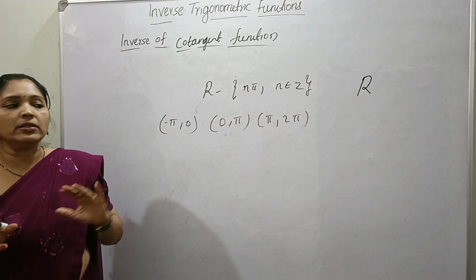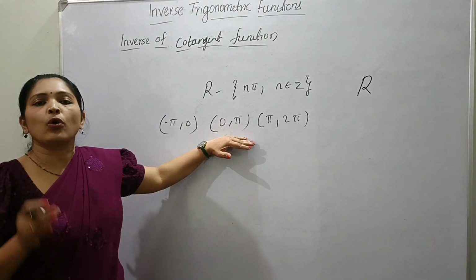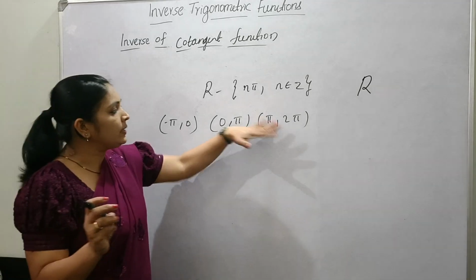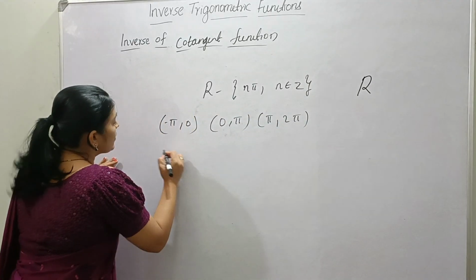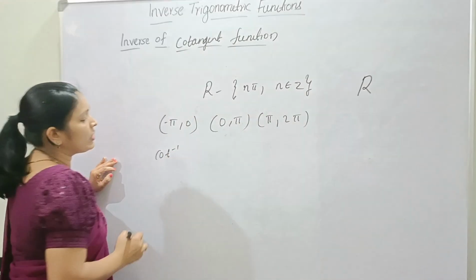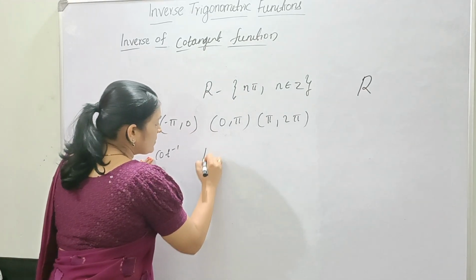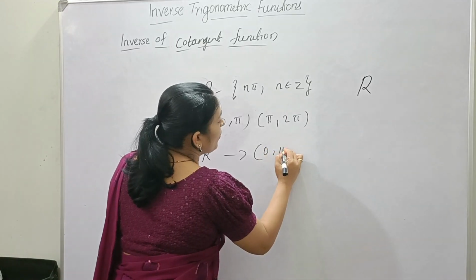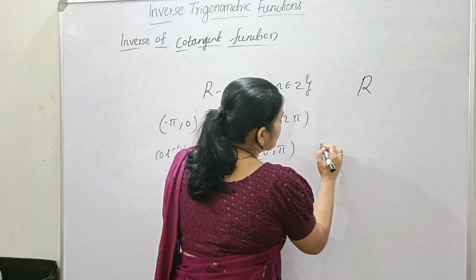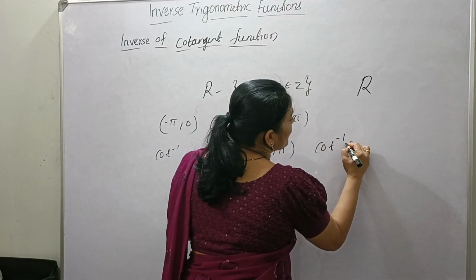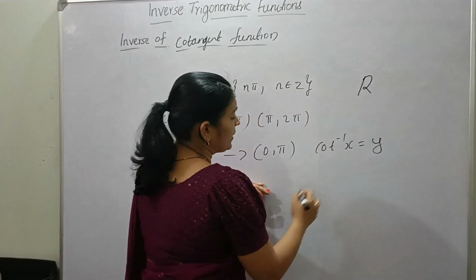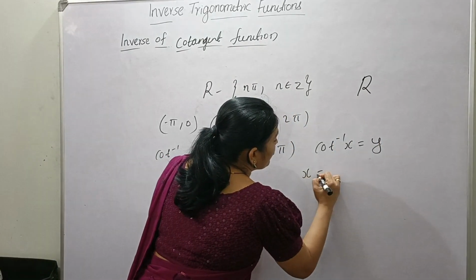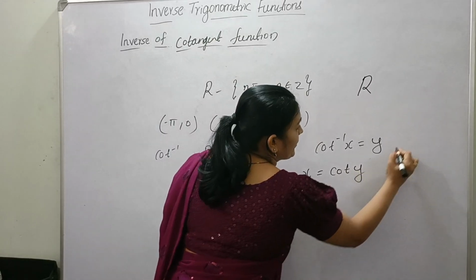Therefore, we can define the inverse of the cotangent function in these intervals. That is, cot inverse is a function from the set of real numbers to 0 to pi, defined as cot inverse of x is equal to y if and only if x is equal to cot y.